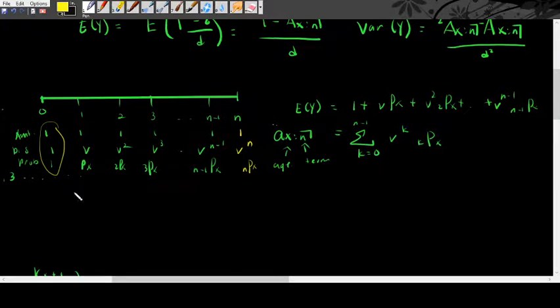So from here you can see that a x:n, with no dot above the a, is the annuity immediate. And again, n is the term and x is the age. This equals a double dot x:n minus 1 plus v^n npx.